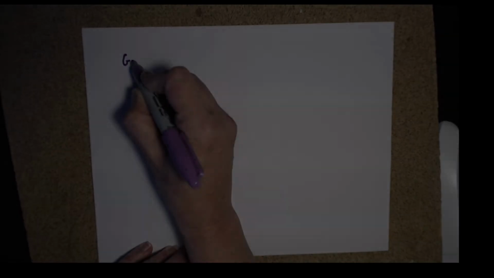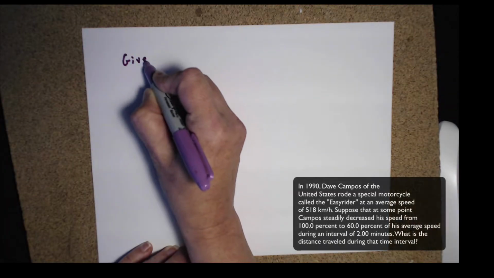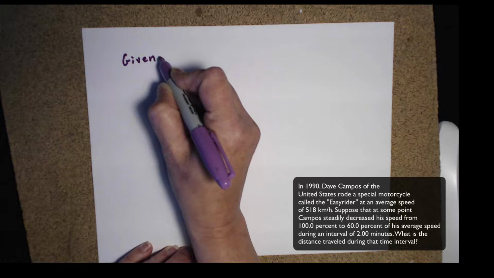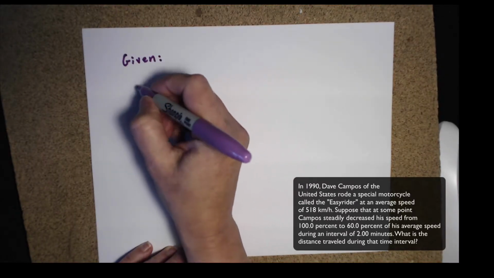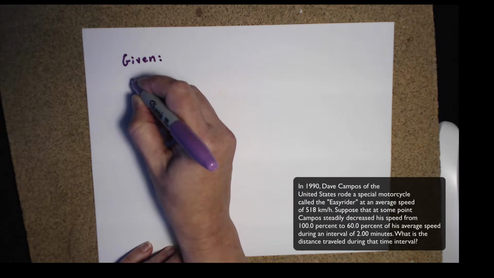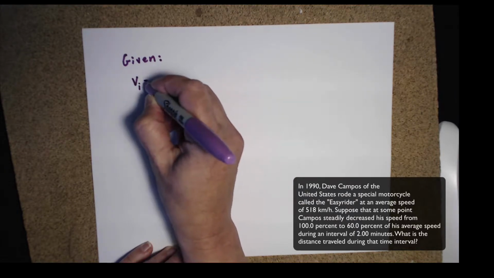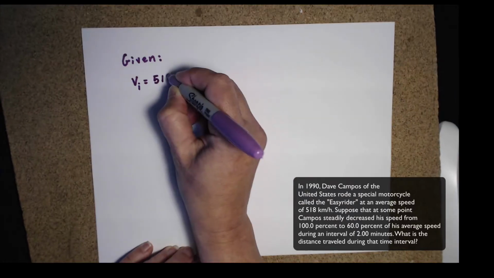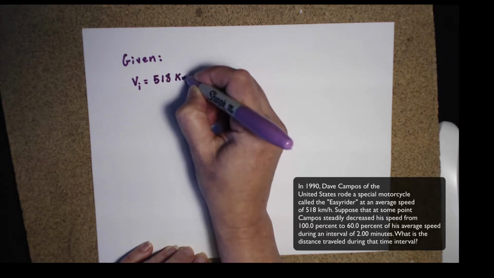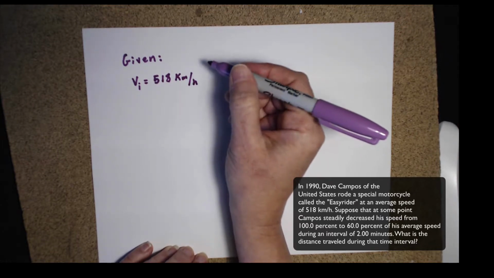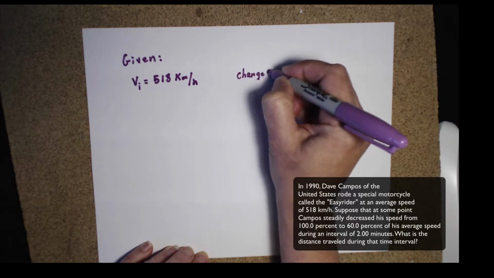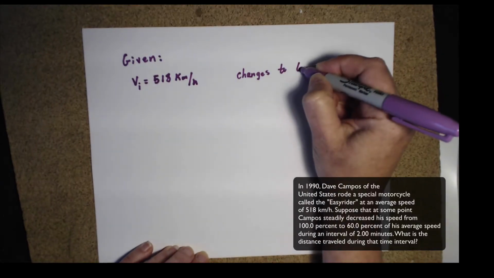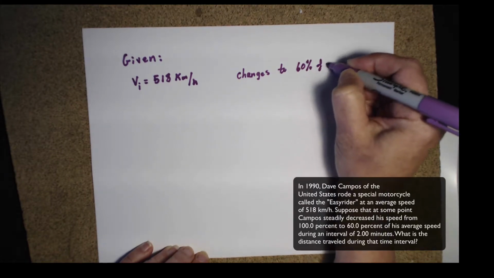We begin solving our problem by looking at what is given to us in the problem. We are given the speed that he started at. This is his initial speed. It's 518 kilometers per hour. Then we're told that to get his final speed, we're going to have to find 60% of that original initial speed.